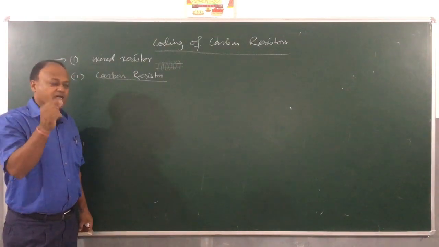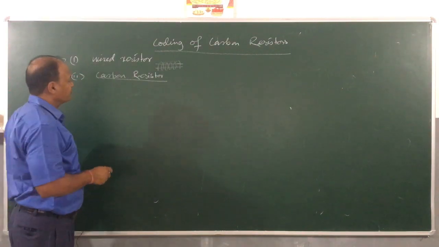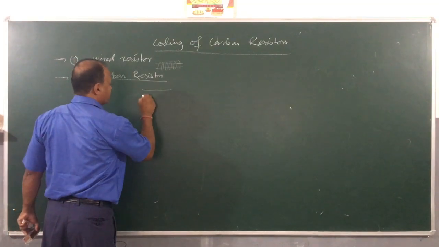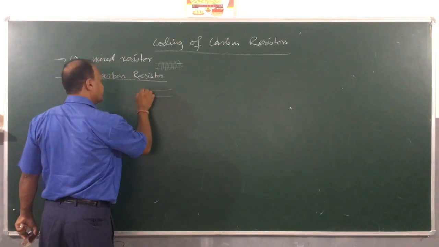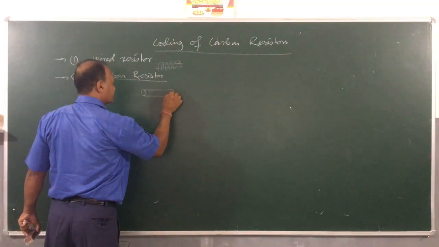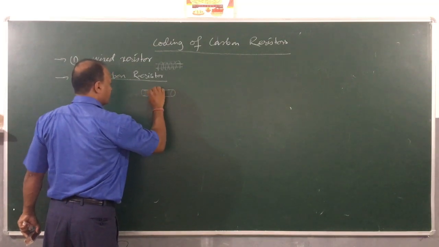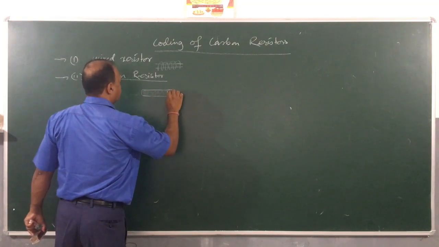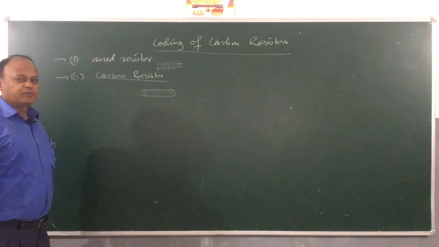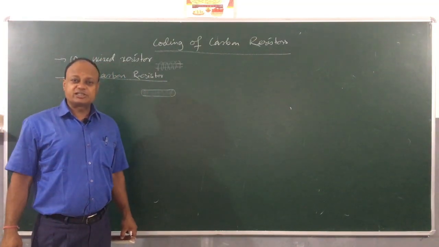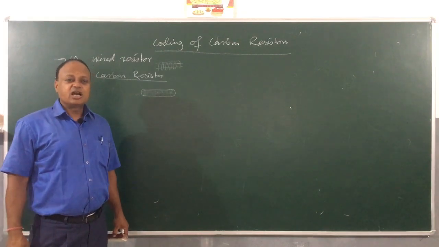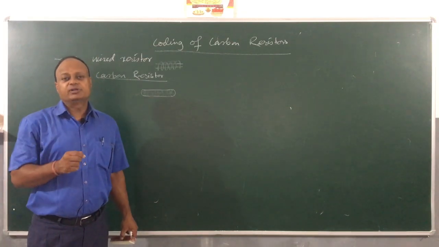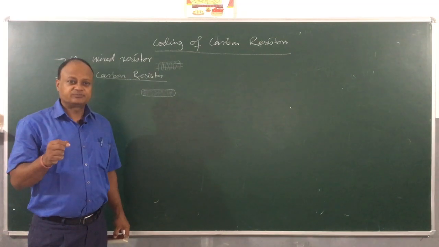Now imagine a piece of wire which is cylindrical like this. It is not a coiled resistance here. Now each carbon resistor has a fixed resistance. Now the question arises, how to mark the resistance of the carbon resistor?